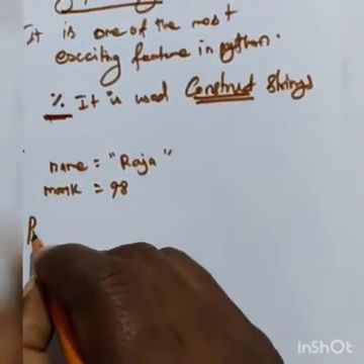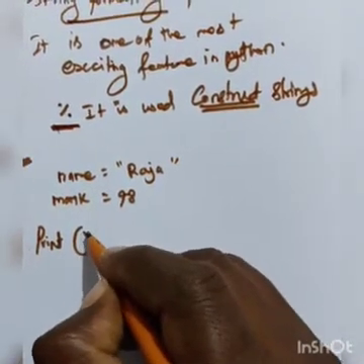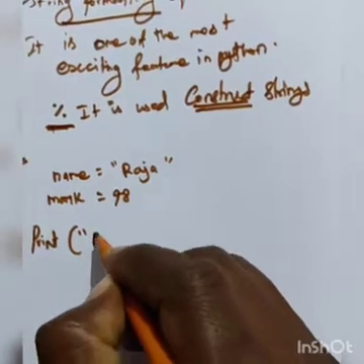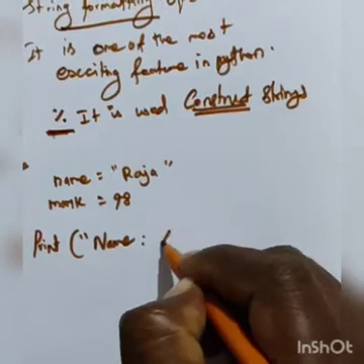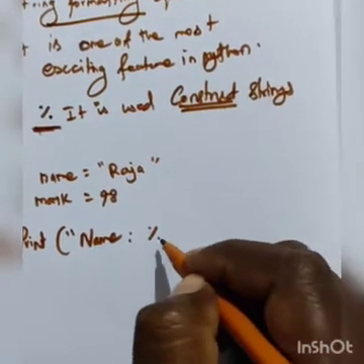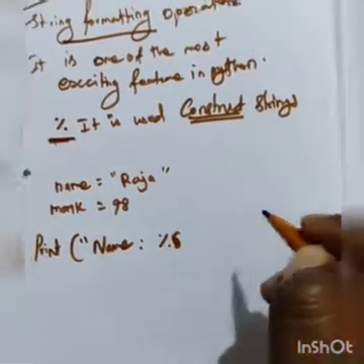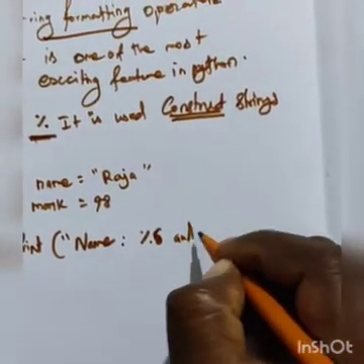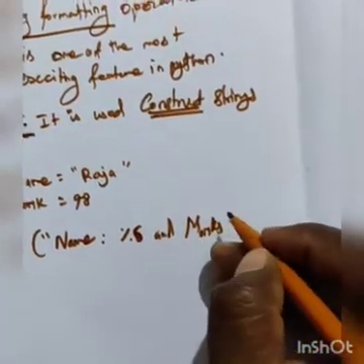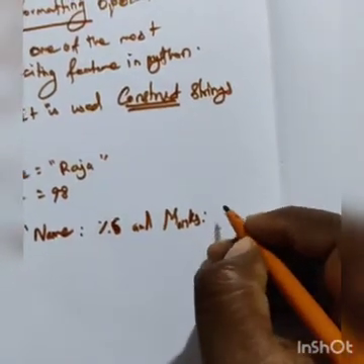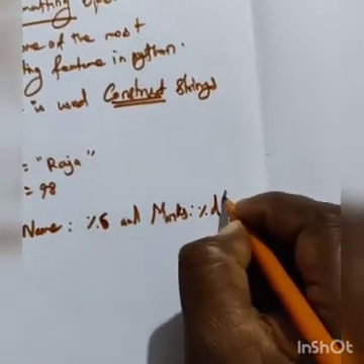Next, print, then double quotation, name colon, percentage symbol s, and mark colon, percentage d. Then double quotation finished.